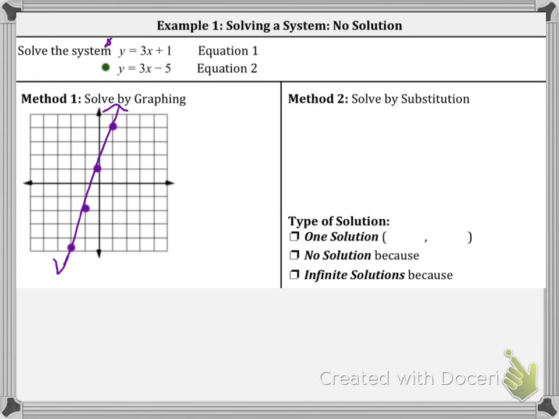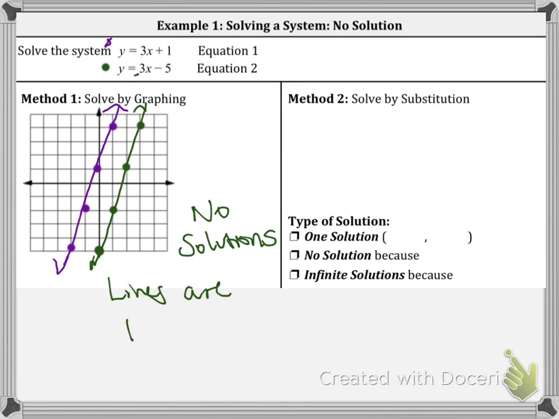That one starts at the -5. Then I go up 3, right 1, up 3, right 1, up 3, right 1. And so there is my graph. You can already tell, when you're looking at this system, they have the same slope. Therefore, this is a no solution example. The lines are parallel, so they'll never cross. So you'll get no solutions.